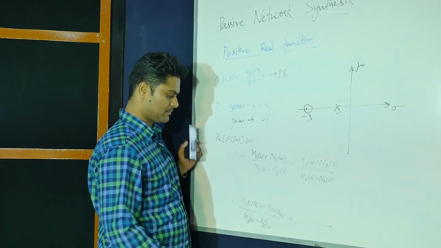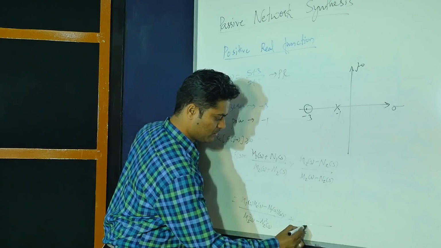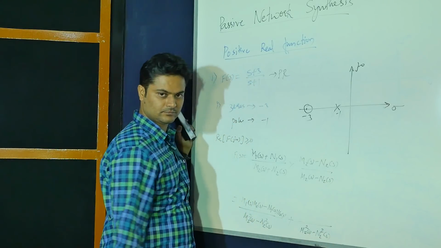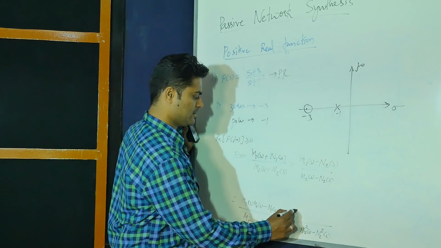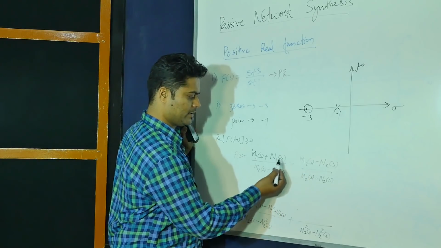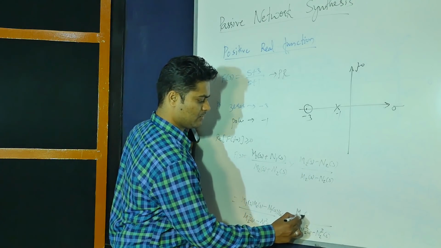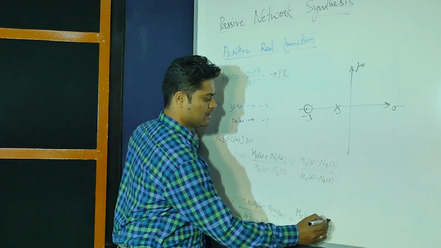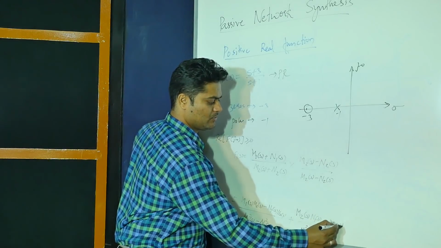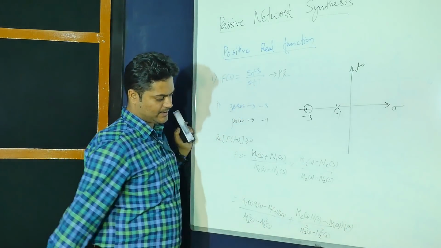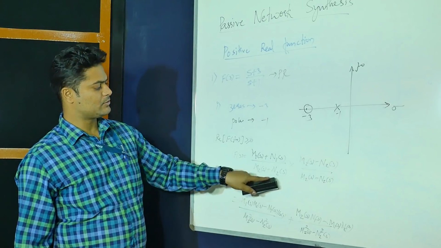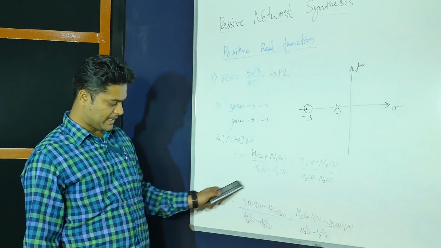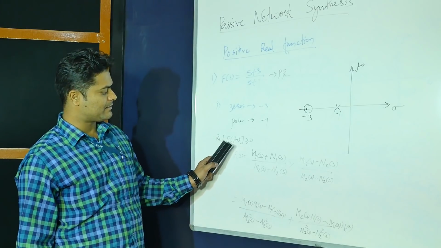Denominator is m2 square of s minus n2 square of s, and the numerator is, first I will take this m2 of s into n1 of s minus this m1 of s into n2 of s. Why I wrote it this way is that when you do the multiplication, this will be an imaginary part and this will be a real part, and we are interested in the real part of f of j omega.